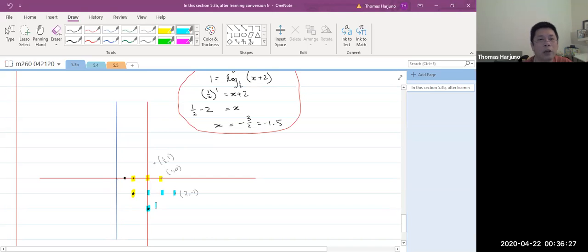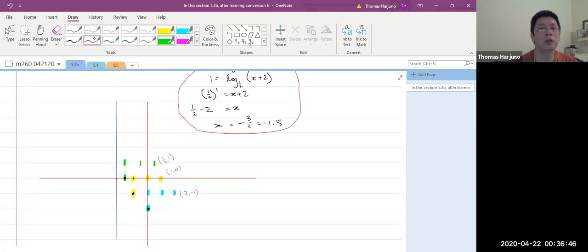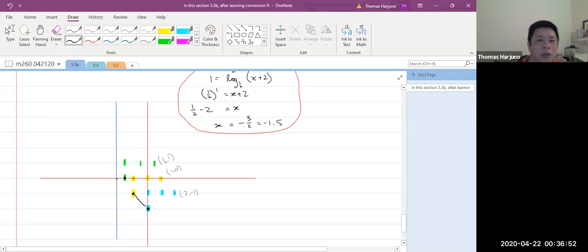Oh, we already have the y-intercept there, so we are good. And then (1/2, 1) move 2 units to the left and 1 down. Oh, that's what we have also. Then we can sketch the graph now, and it looks approximately like this, and that one here approximately.